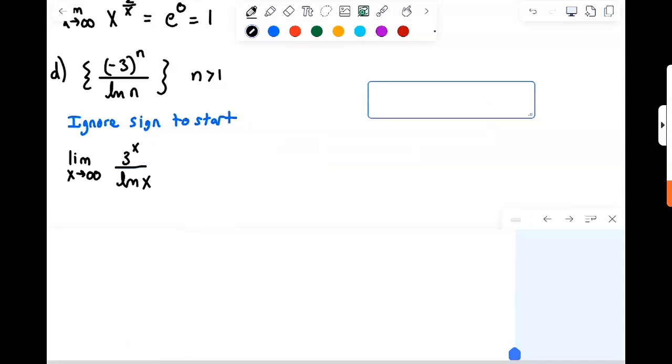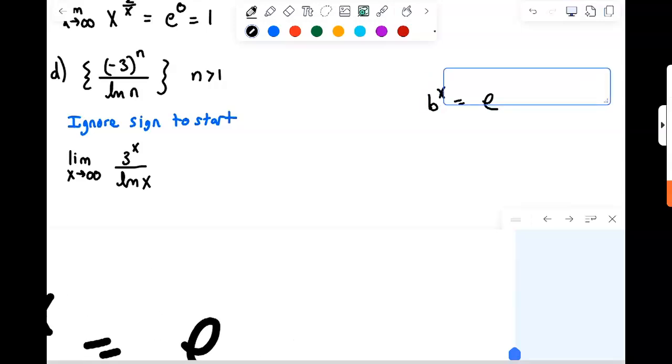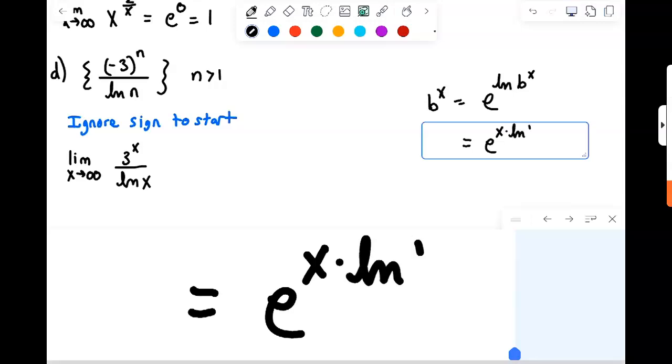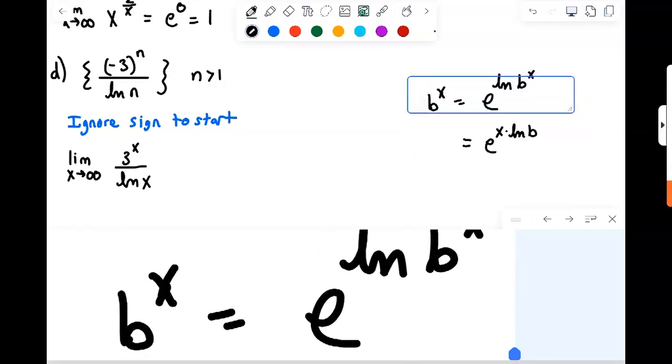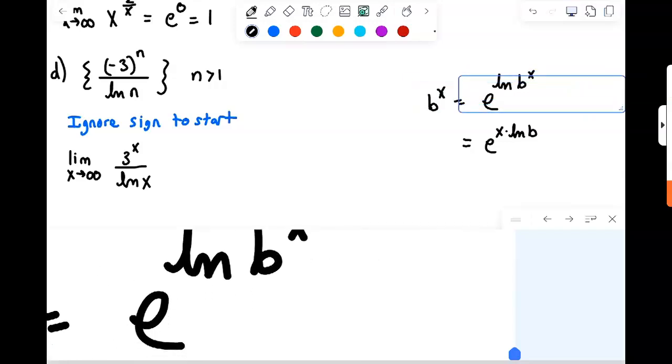So here's the idea, that if you have something raised to the x power, some base raised to the x power, like our 3 to the x, turns out we can actually always turn that into an e function by writing that as e to the ln of b to the x, which actually simplifies to e to the x times ln of whatever the base is. And so that's because e to the ln, those cancel out, you get back to b to the x.